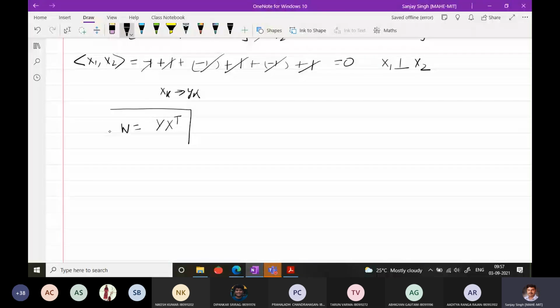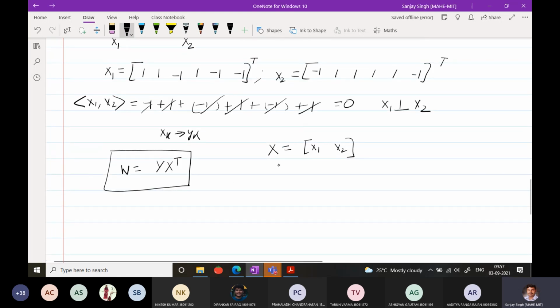Now before that, let me find x. What is x here? The entire x is your key patterns x1, x2. Let me write this entire x. I'm not going to write the transpose anymore because they are basically column vectors.